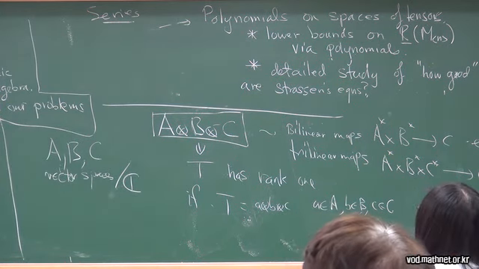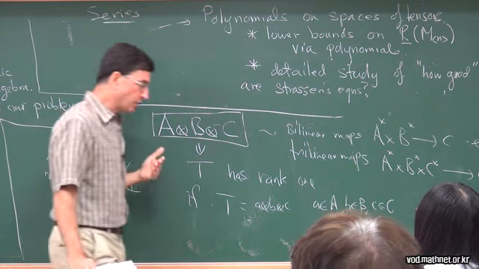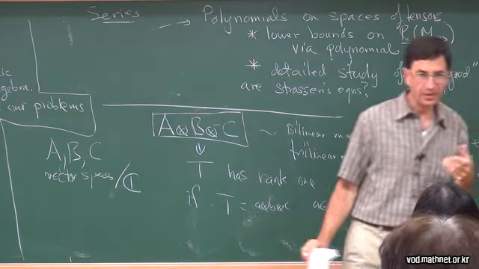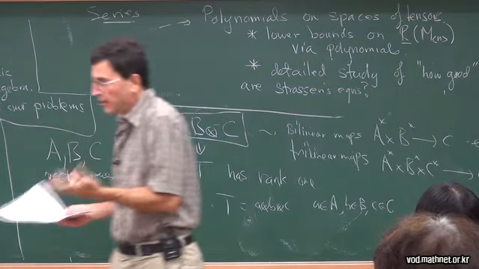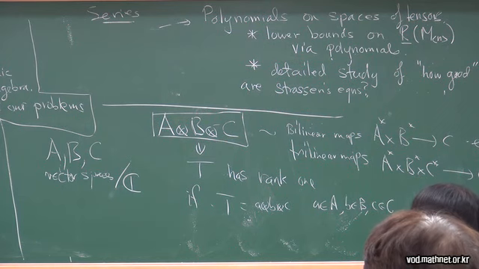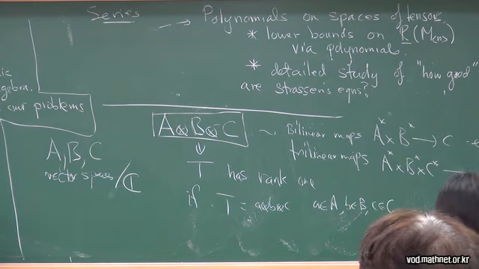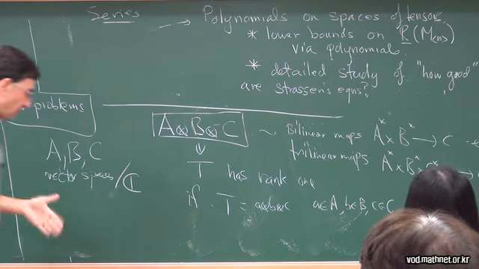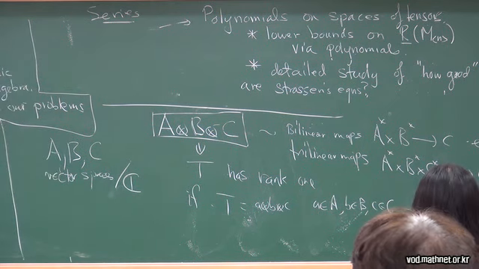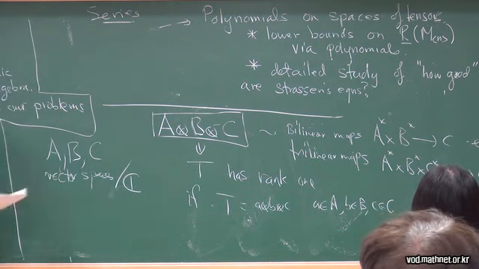And the answer turns out to be, at first, very depressing. The answer is yes. In fact, your tensor can still have close to generic border rank, even when you throw away the obvious things you would like to throw away. And that leads one, even in that very simple situation, to look for new kinds of equations.